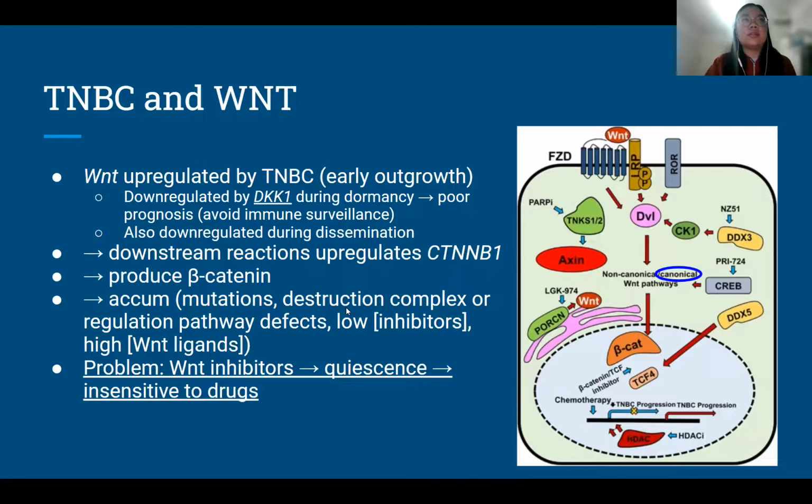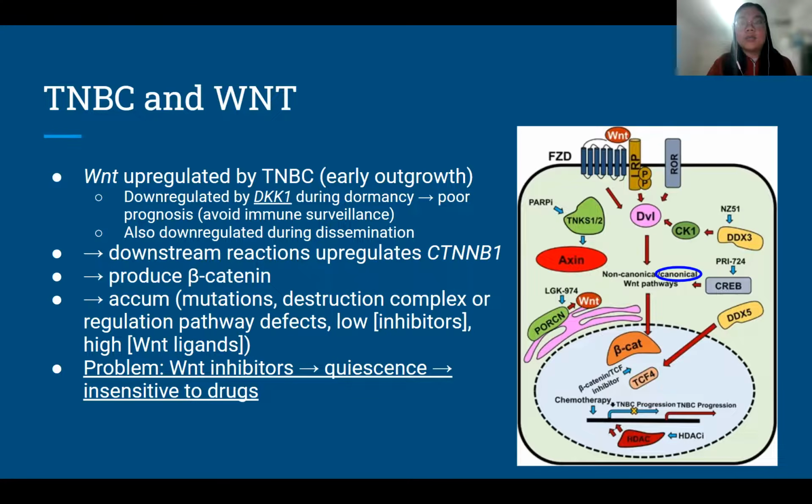There are common problems associated with the treatment of triple negative breast cancer. Nowadays the novel therapeutic measures would be to introduce Wnt inhibitors, which will inhibit Wnt expression and, of course, reduce beta-catenin production amongst other things. However, the inhibitors of Wnt will also lead to the quiescence of the cancer cells, and because they're not really growing that much, they're insensitive to drugs.